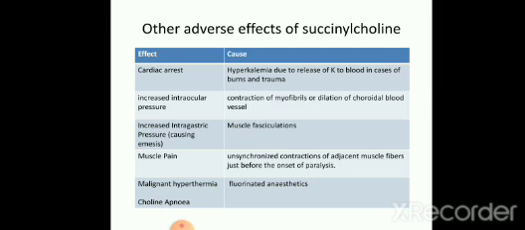Succinylcholine action should be very short and fast, but because of the defect in this enzyme, the action may be prolonged, which may affect respiratory muscles and cause respiratory paralysis, resulting in choline apnea. This condition is called choline apnea. It's a genetic condition.